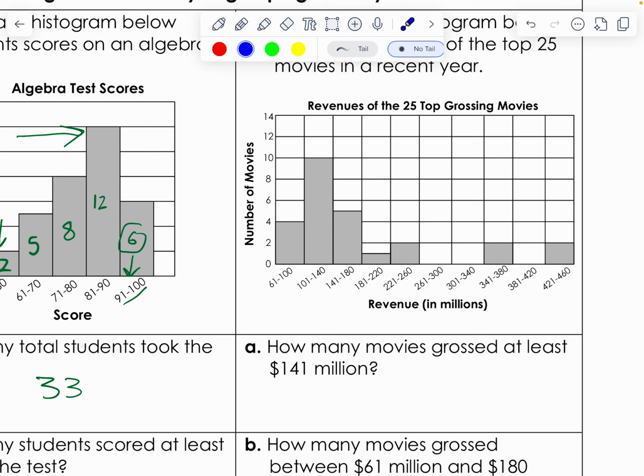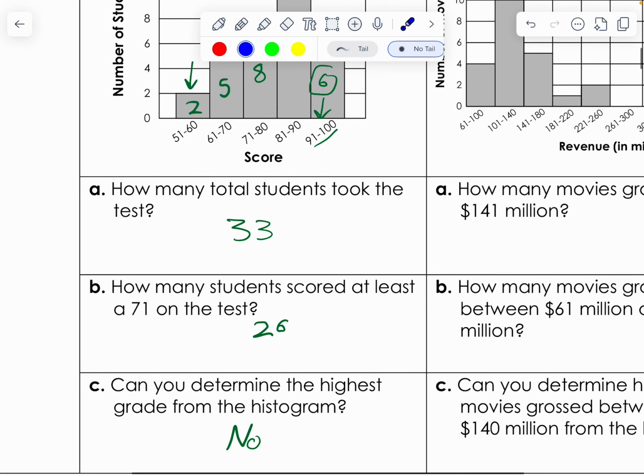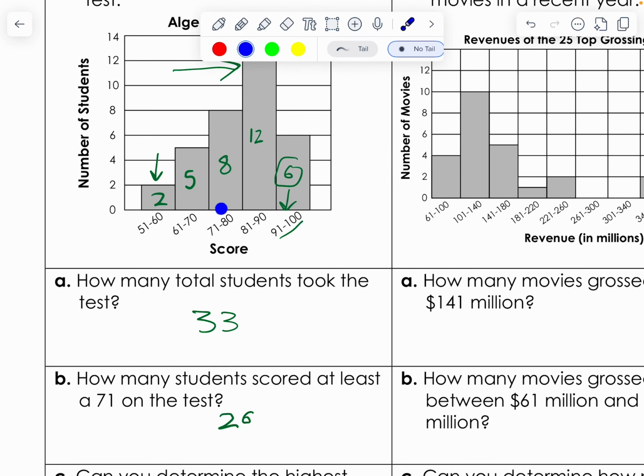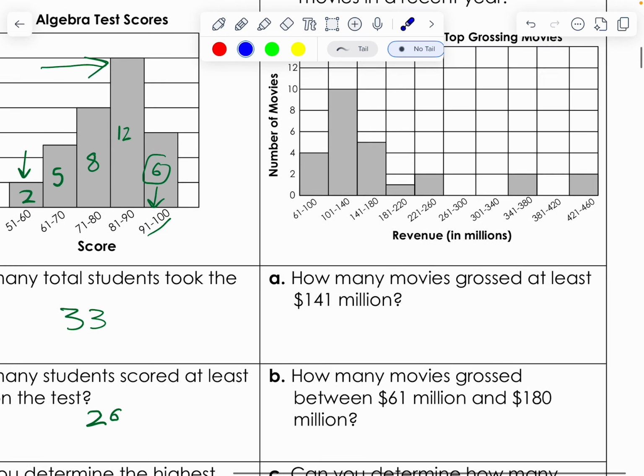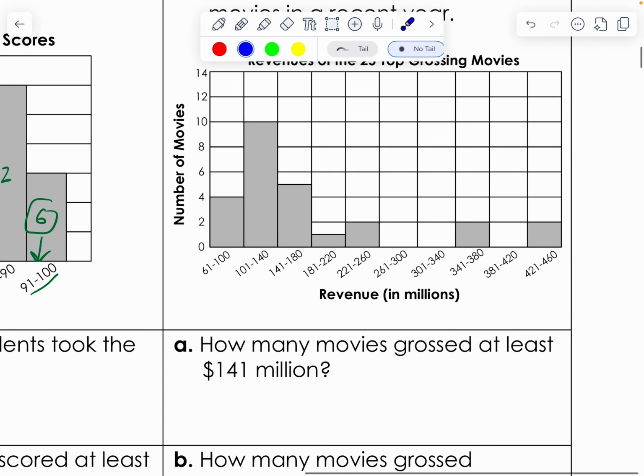How many movies gross at least 141 million? Well, this is really similar to what we had in question B here with the students who scored at least a 71. We went and looked at the 71, which was higher. We're going to do the same thing here with 141. So we're going to find the 141 right there, and it'll be this bar. I'm going to put an X right there for right now, and everything that's up above it. Now, we need to find that bar of the histogram and everything above it.